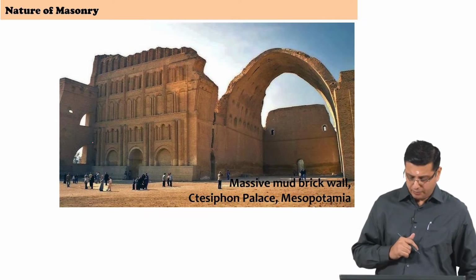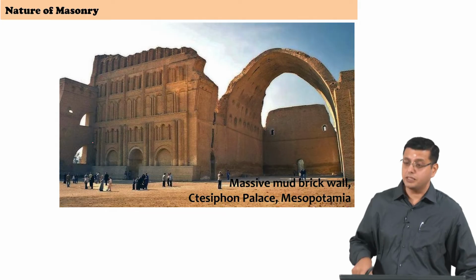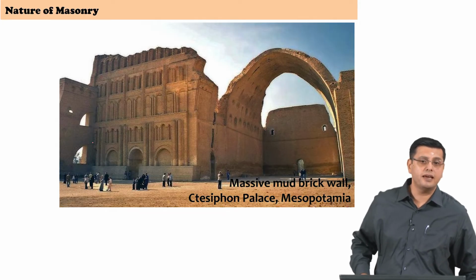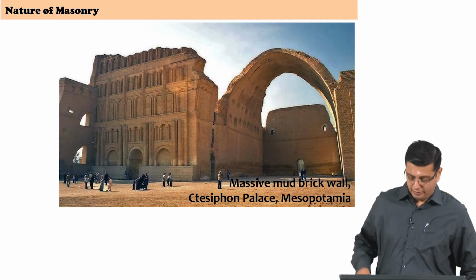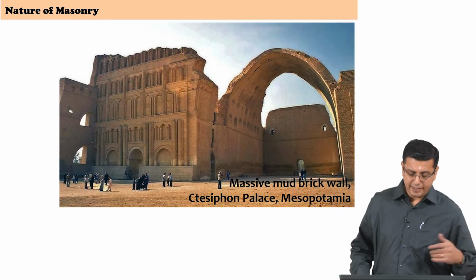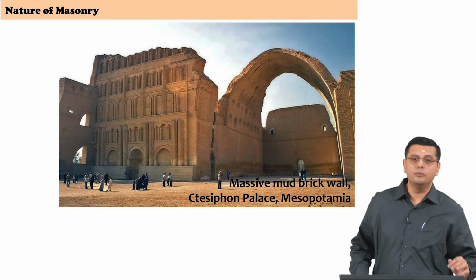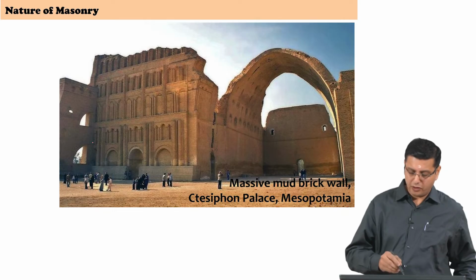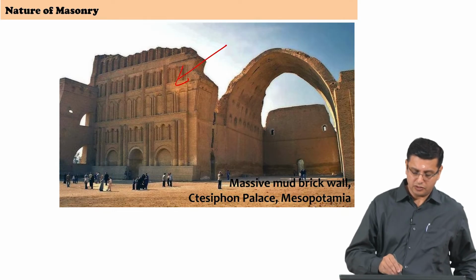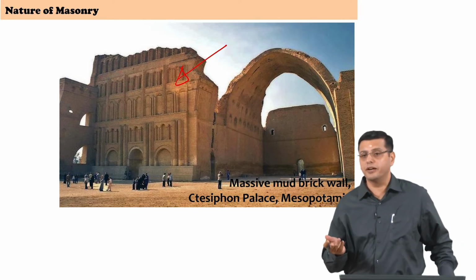So, I take up this example of the Ctesiphon Palace in present day Iraq. In the past, it was part of the Mesopotamian civilization, and we will examine the equilibrium in this mud brick wall. So, it is a sun-dried brick wall that we are examining.